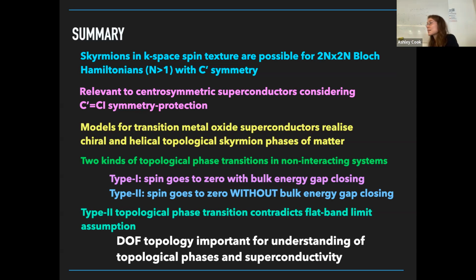So the idea is if there's some generalization of a homotopy group associated with smaller matrix representations, then you might expect this sort of topology for subsets of your degrees of freedom of the ground state in that case.